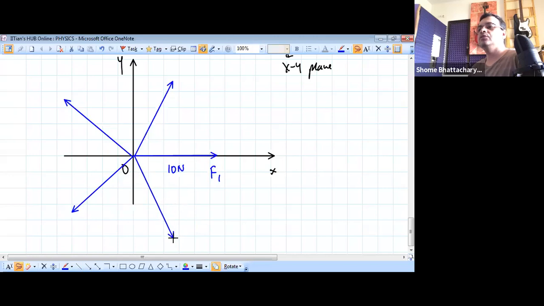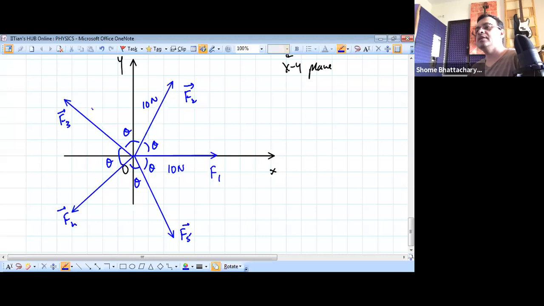These forces all are of magnitude 10 newtons, but such that this angle theta between F1 and F2 is exactly the same as this next angle theta between F2 and F3. It is exactly the same as the angle between the next two, and the next two.